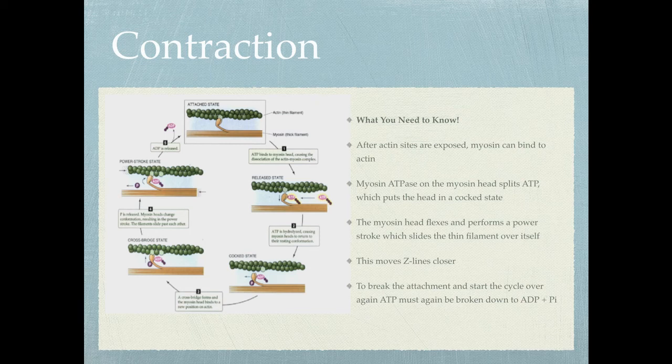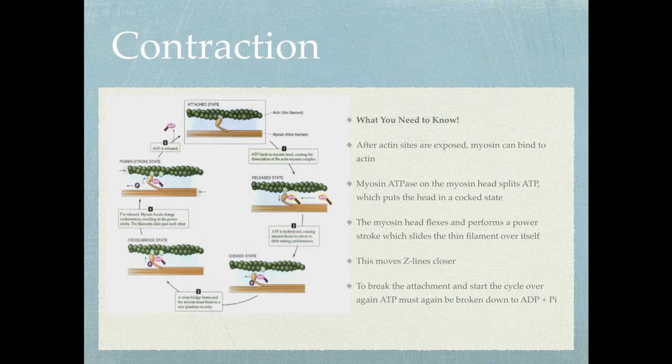Then it's in a higher energy state, and it flings forward, binds to the actin, and slides it forward. So basically, again, what's going on is that you split ATP, that cocks the head back, it then comes forward with a lot of energy, binds, and slides the head in. Almost like when you're rowing through water.